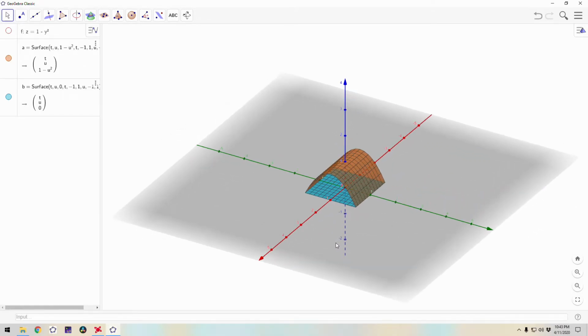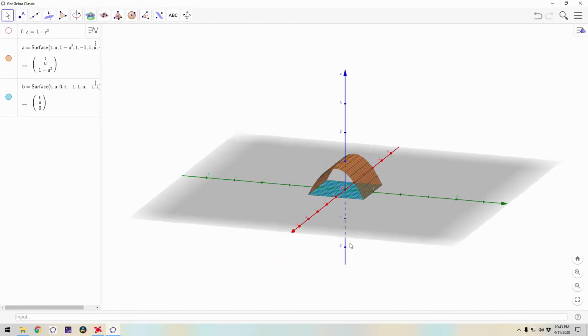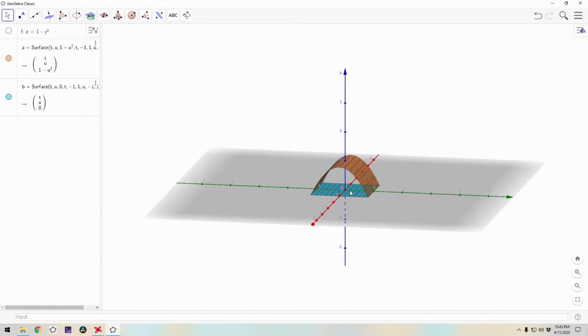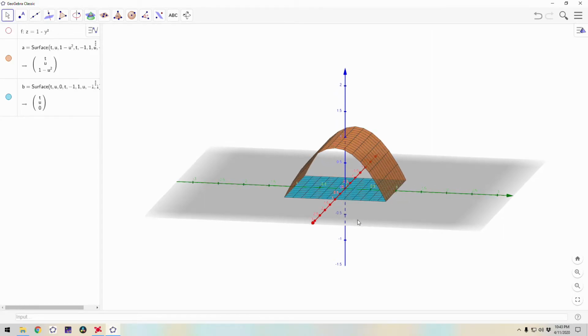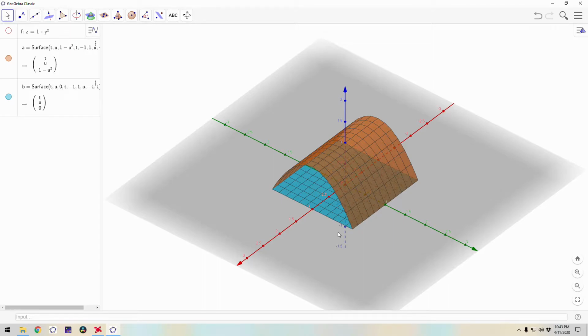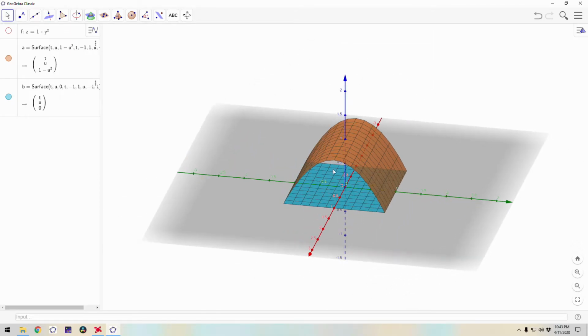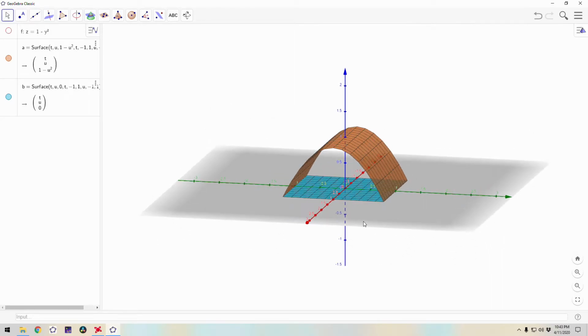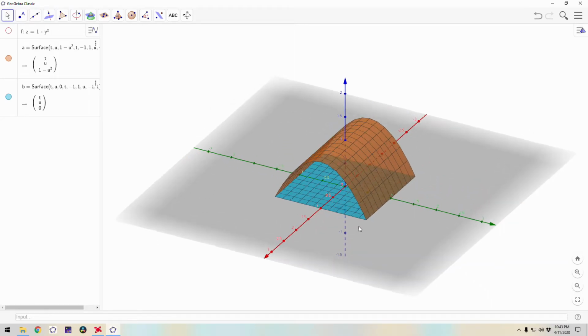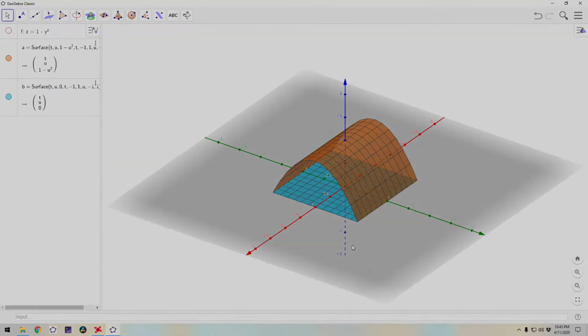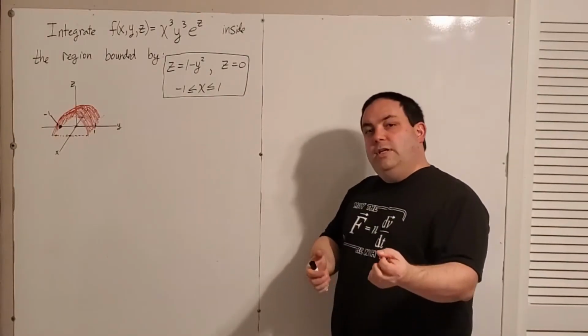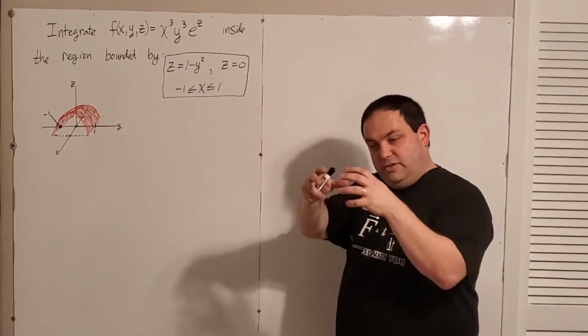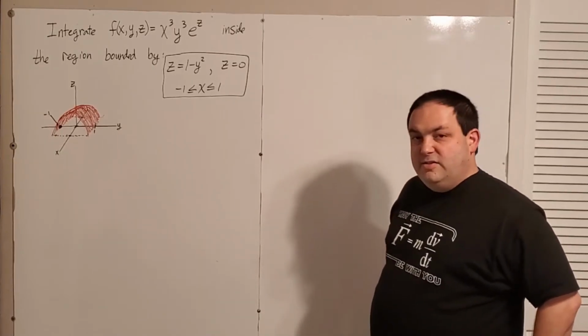Remember, we're not actually integrating for a volume on this one. We're integrating the value of that function in all of the points inside of this region here. We're trying to determine just a total sum of whatever that function is listing for us. So let's actually calculate the total value underneath this surface.